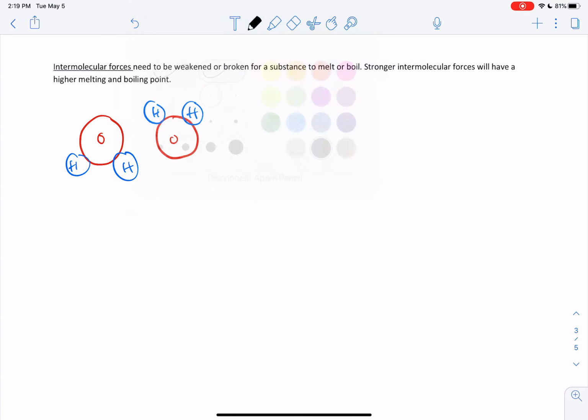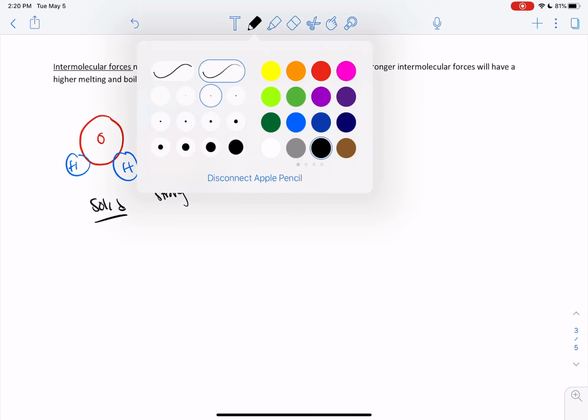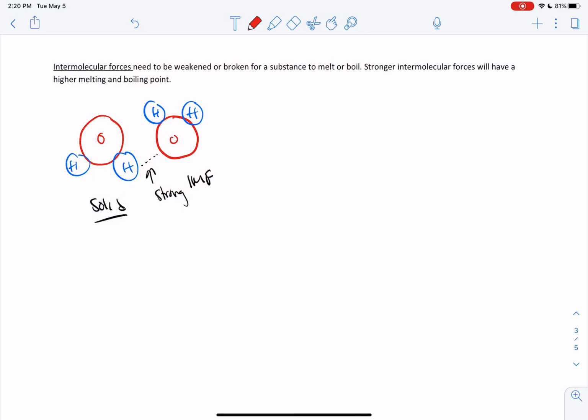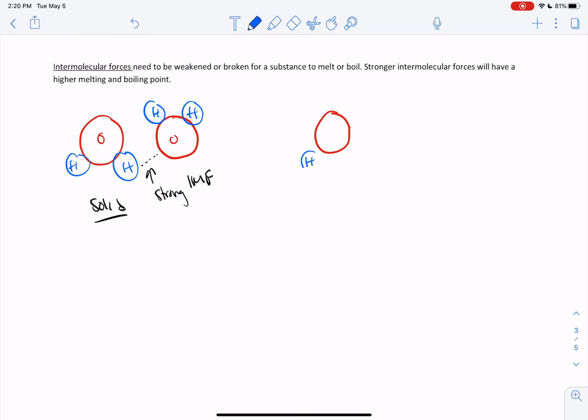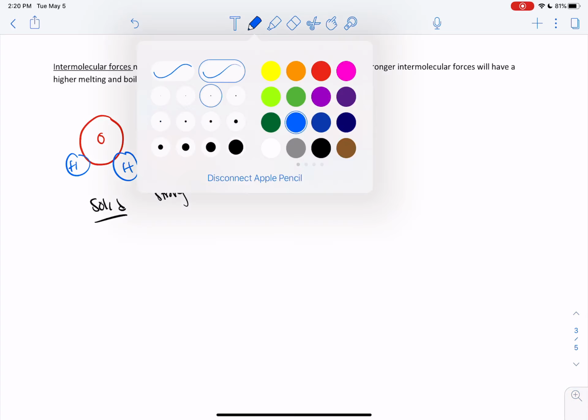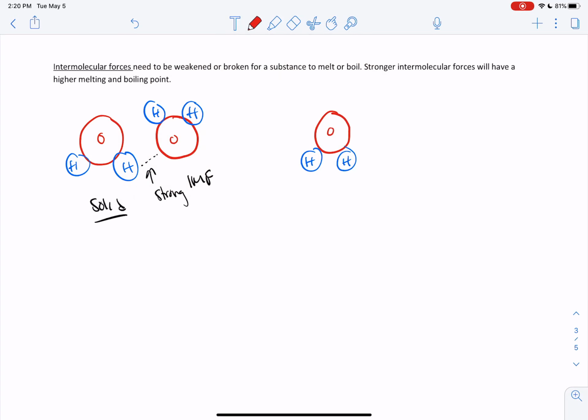Okay, if this is solid water, then we have this intermolecular force between the hydrogen and the oxygen. And this is a pretty strong intermolecular force. I'm writing IMF as the abbreviation for intermolecular force. Okay? Now, if we have a liquid, we know the water molecule is going to look the same, but they're going to be further apart.